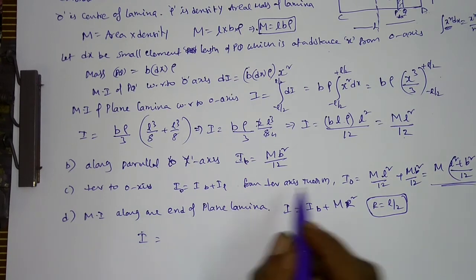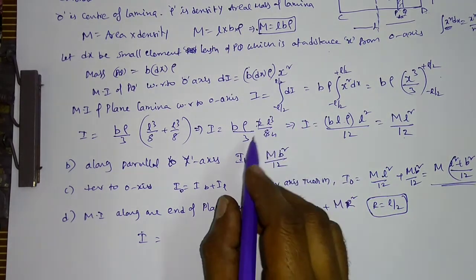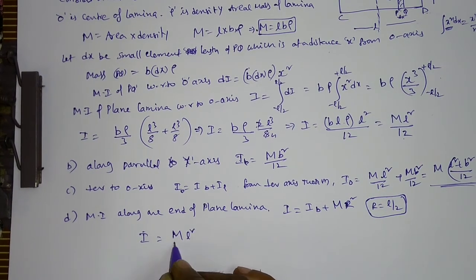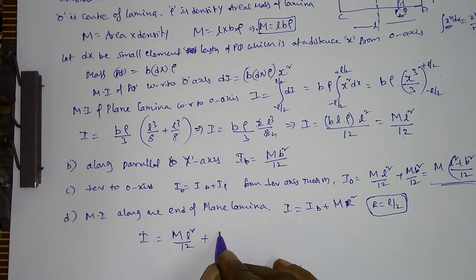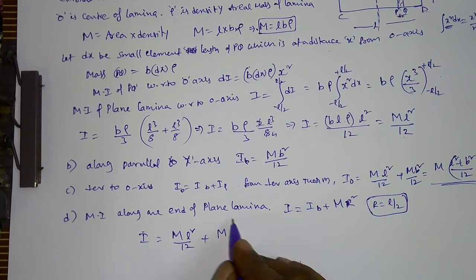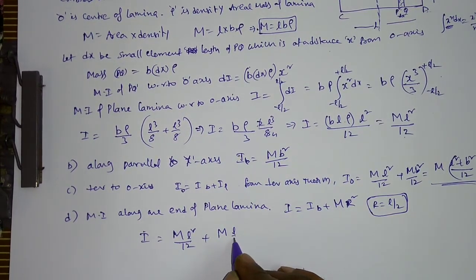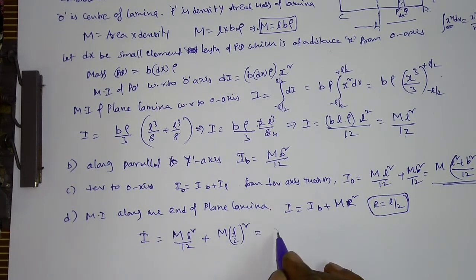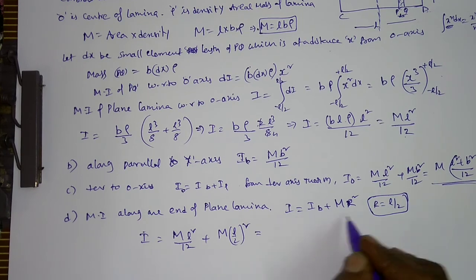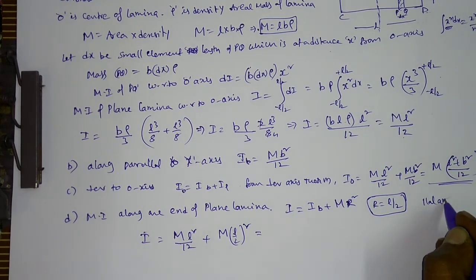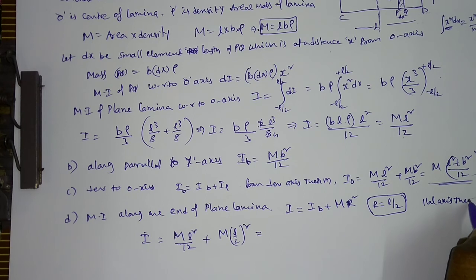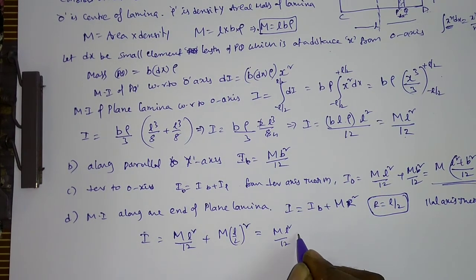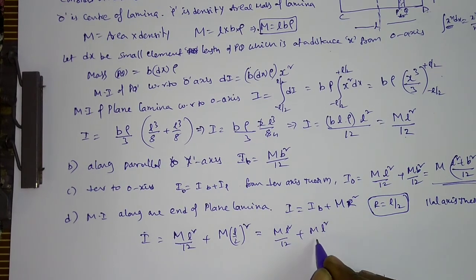I C, lengthwise, is ML square by 12, plus mass M into R square, that is L by 2 distance, L by 2 whole square. According to the parallel axis theorem, that is ML square by 12 plus ML square by 4.